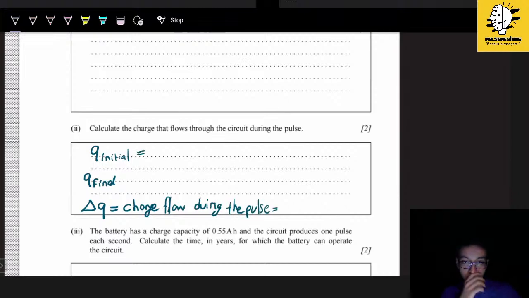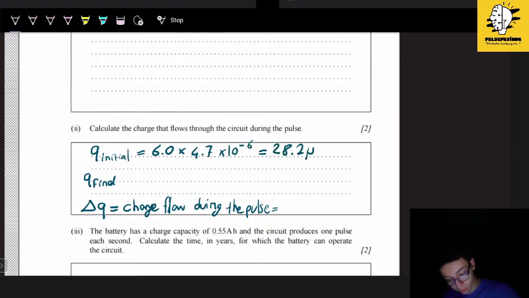Our Q initial will be, we know that Q is equal to CV, capacitance times voltage, which we have in the data booklet already: 6.0 times 4.7 times 10 to minus 6 farad, and this will be equal to 28.2 microcoulomb.